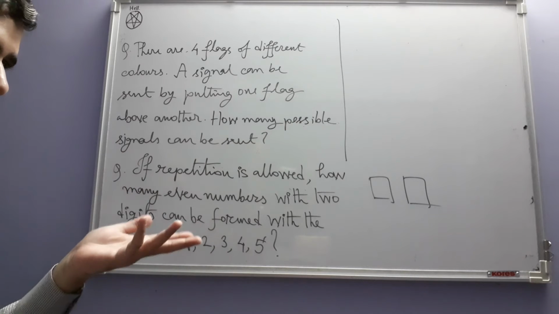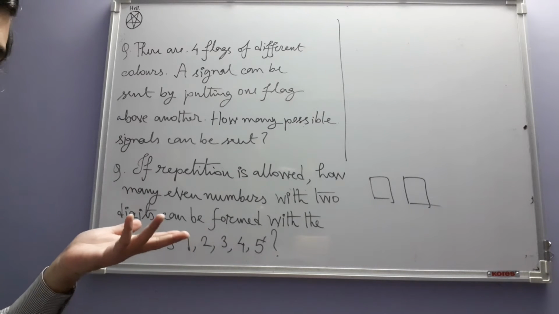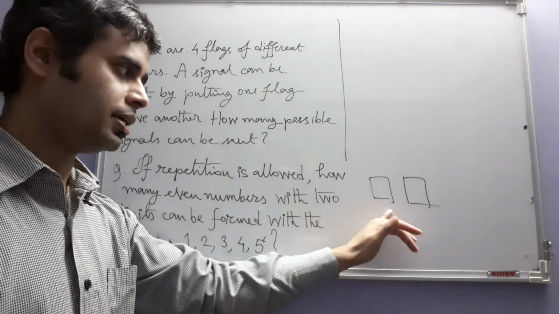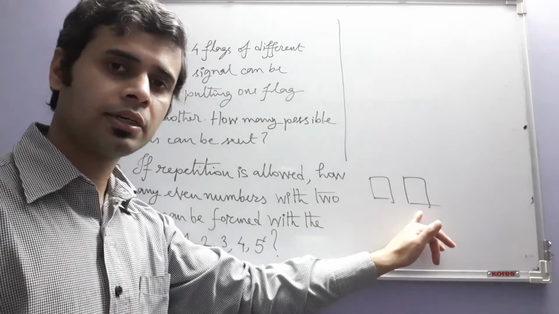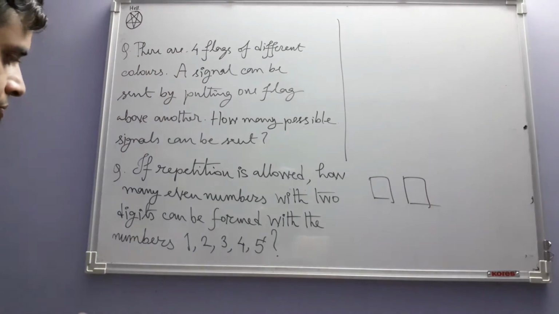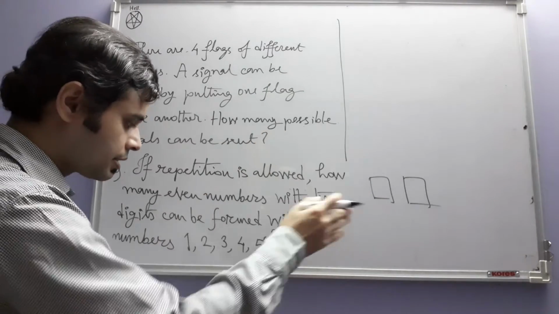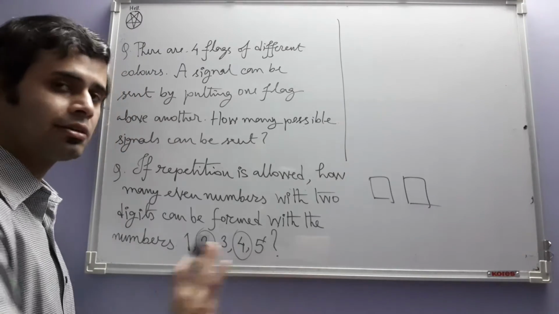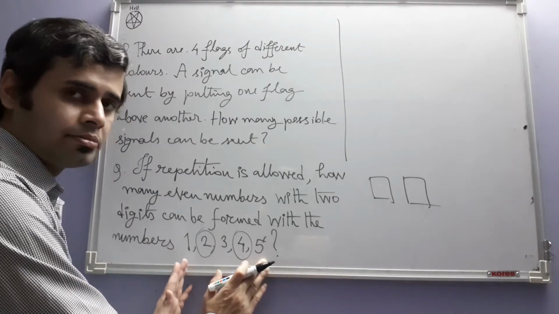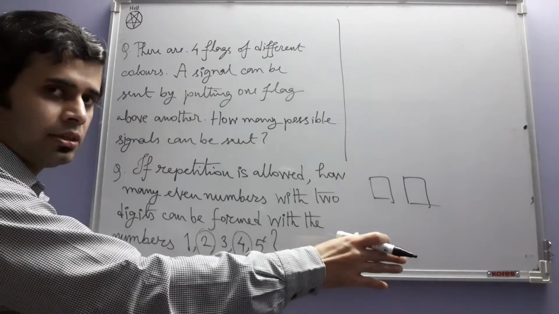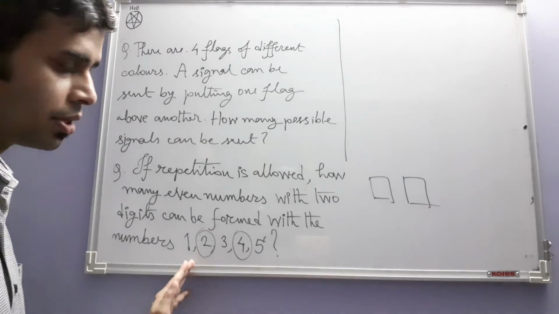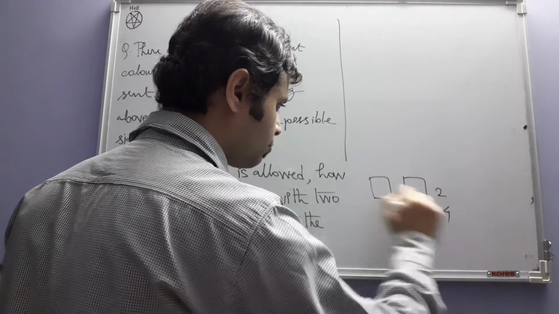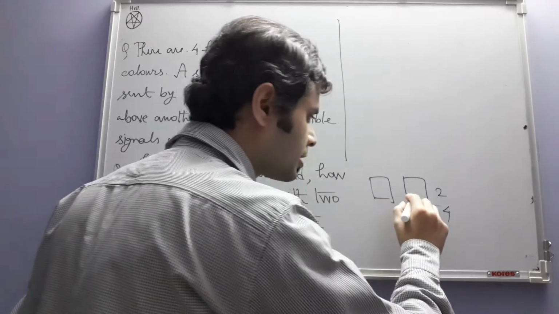You may remember from your school days that a number is even if and only if the last digit of that number is even. So the last digit in this case can either be 2 or 4, because 1, 3 and 5 are odd. These are the available objects. Out of them we have to form the arrangements, or in other words the numbers in this case. So the last one can either be 2 or 4. So there are 2 choices for the last one.